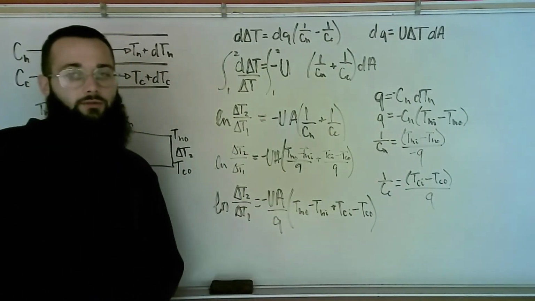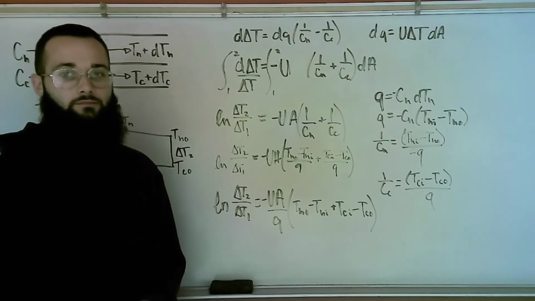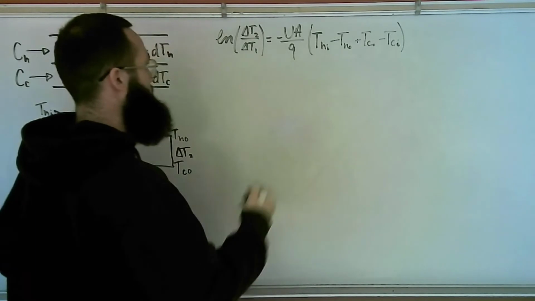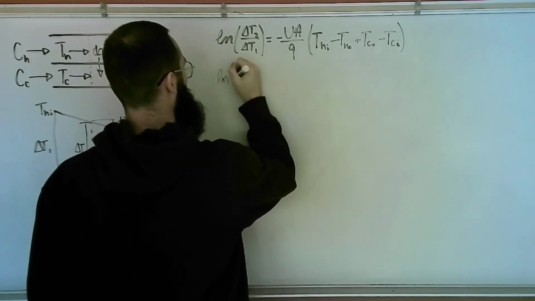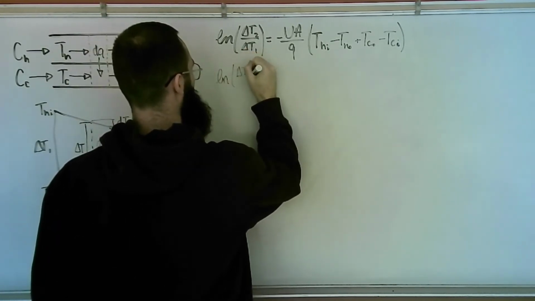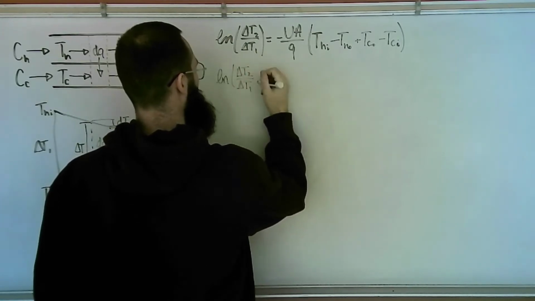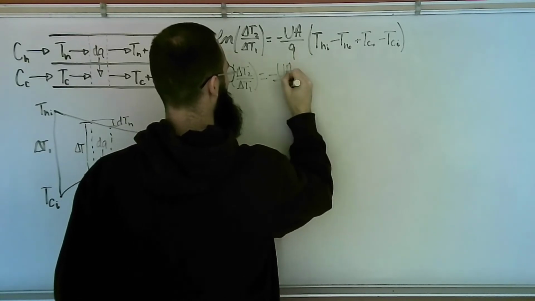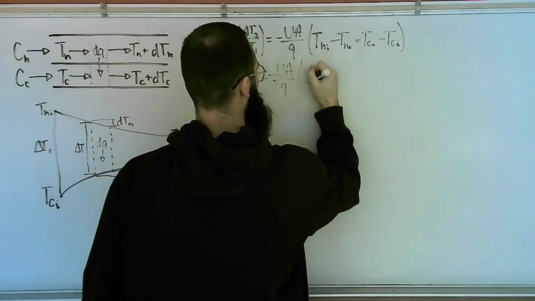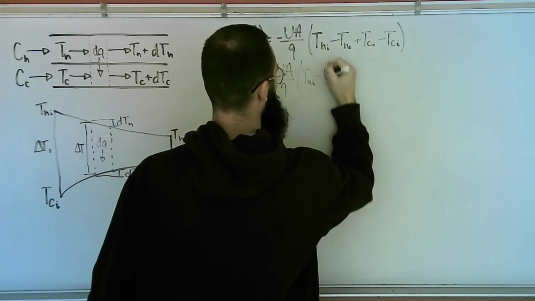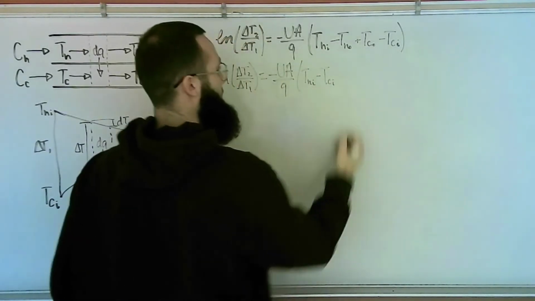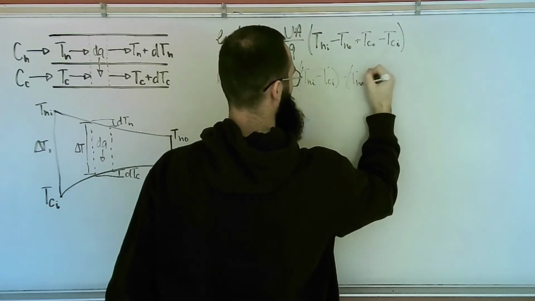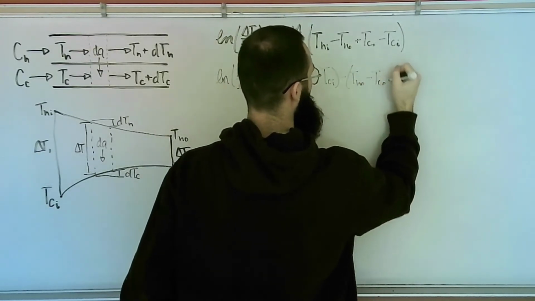Now I'm going to erase some stuff and get some more room so we can continue. So now that we've derived this equation up here, it's time to rearrange some of these temperature values. So we have ln of delta T2 over delta T1 equal to negative UA over Q of (THI minus TCI), that quantity minus (THO minus TCO).